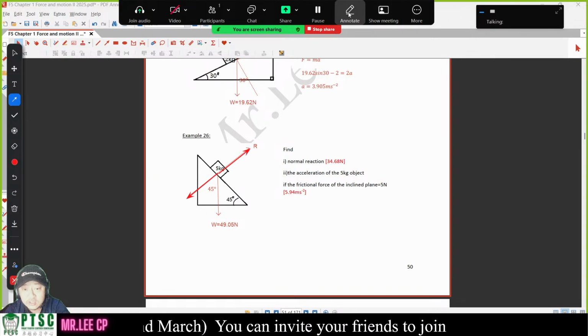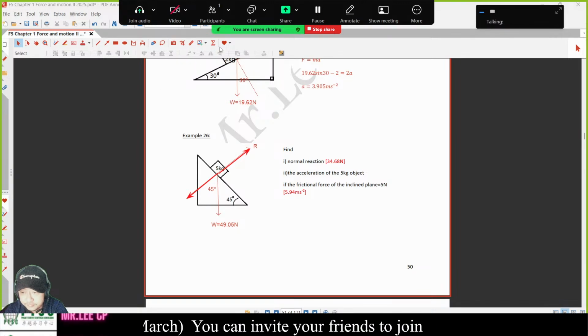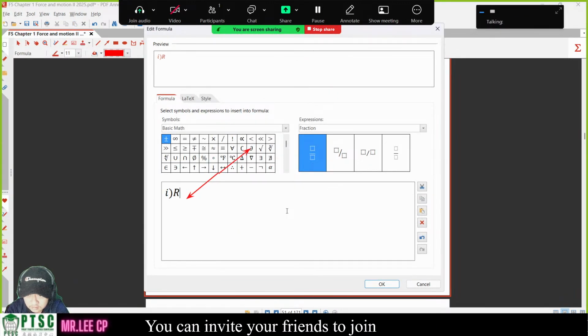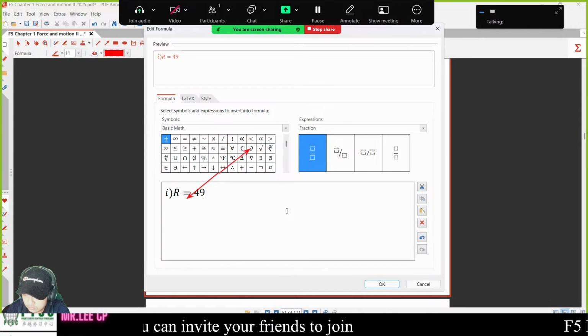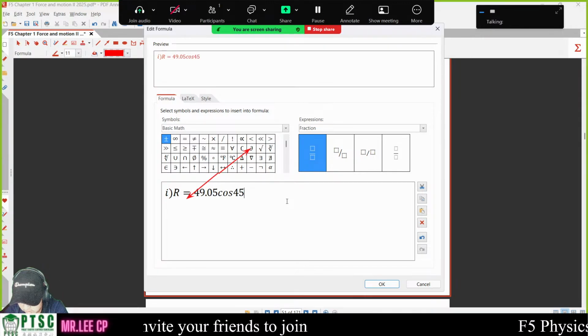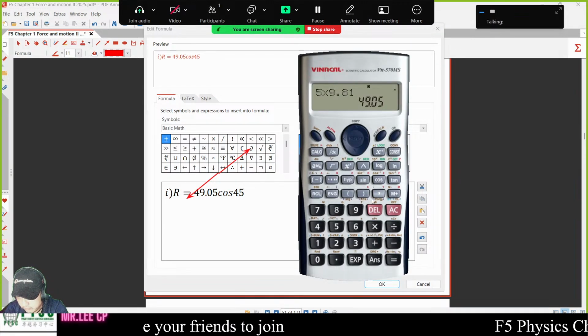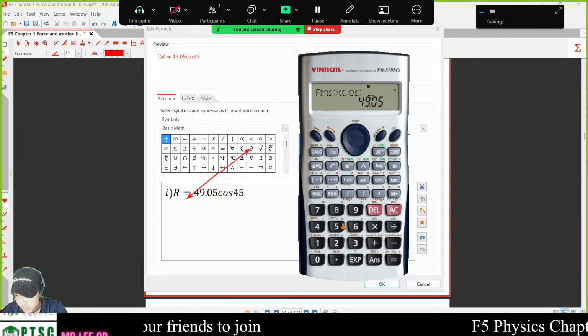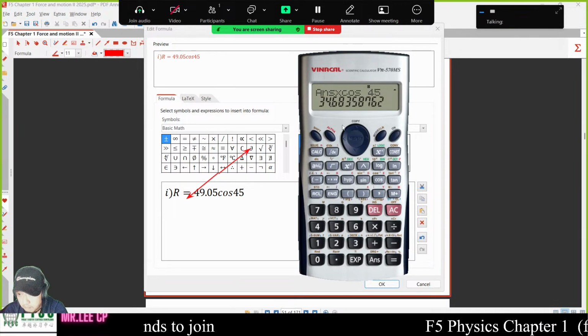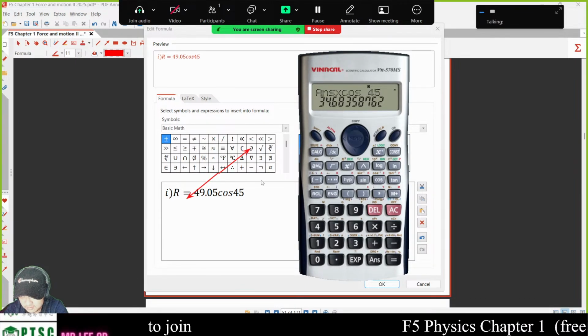Touch, I use cos, right? Number one, R is equal to 49.05 cos 45. So how much should I get? Times cos 45. 34.68.